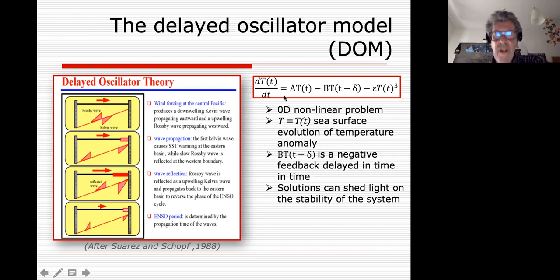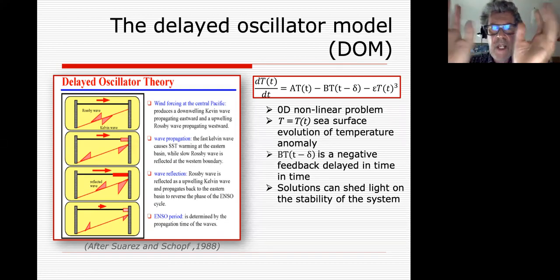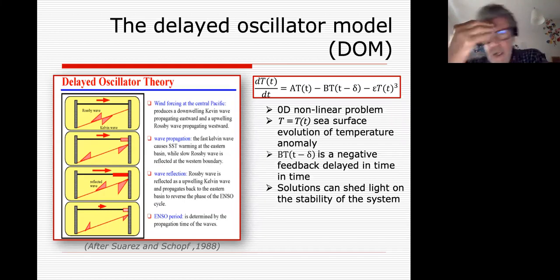So the equation that tries to describe the system is set in terms of the variability of the temperature at the eastern part of the basin.